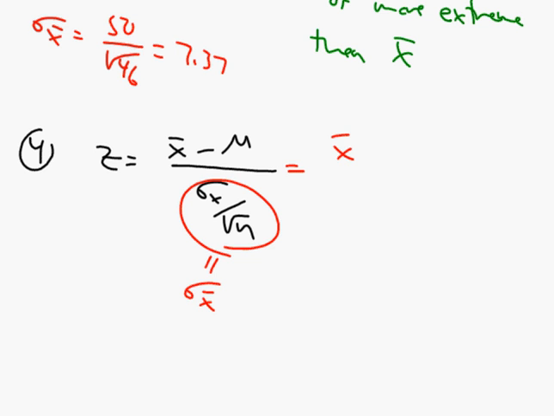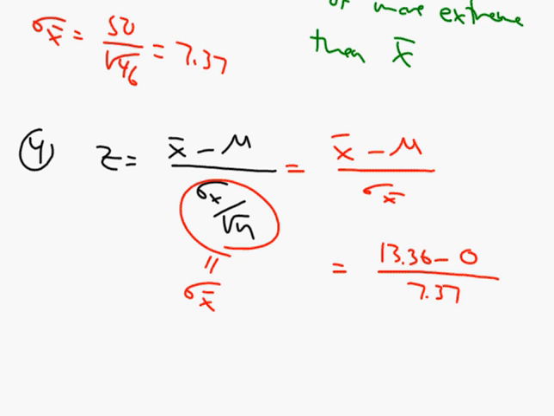So this is really x bar minus mu of x over sigma of x bar. Or we can plug in our numbers. 13.36 minus mu, which is 0, over 7.37. If we divide those, we should get 1.81 maybe, something like that.